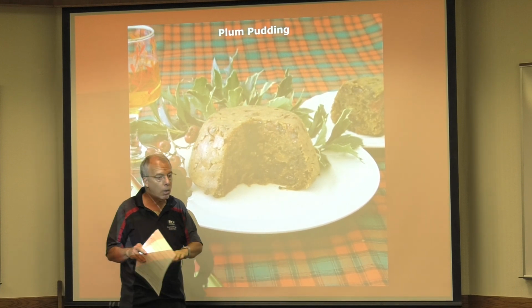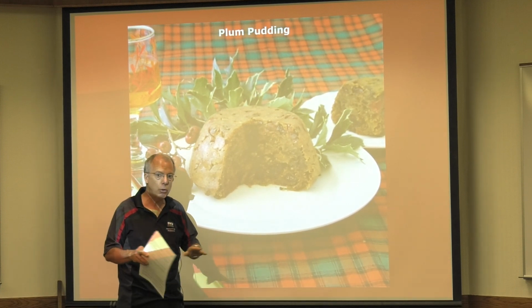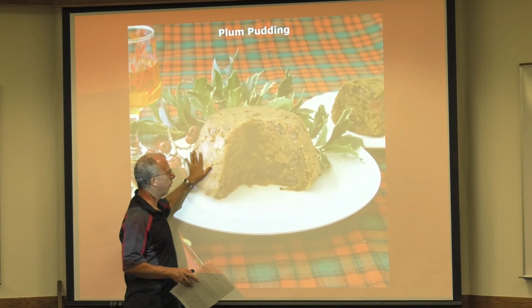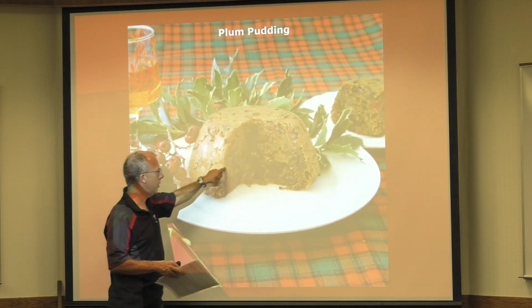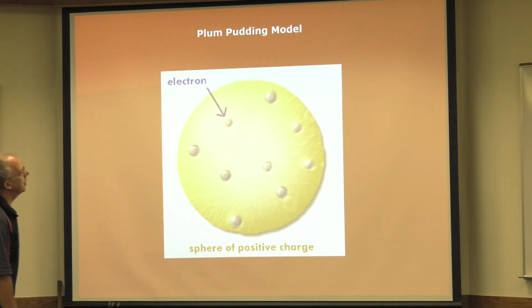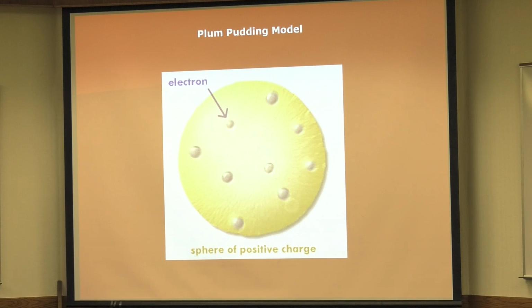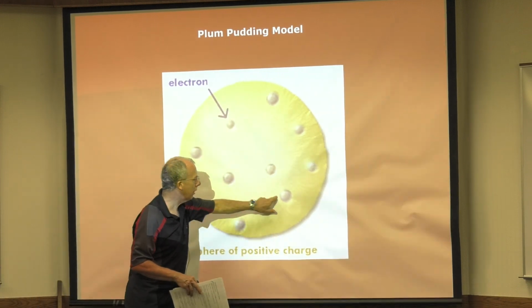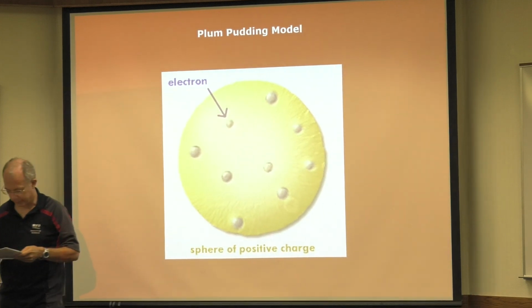Again, they didn't know about protons. They didn't know about neutrons. And so that's why the positive had to be just kind of all over the place. But then they had these little pieces of negative fruit, or negative electrons. So that's the plum pudding model, okay? It's a sphere of positive charge with these little negative guys here and there.